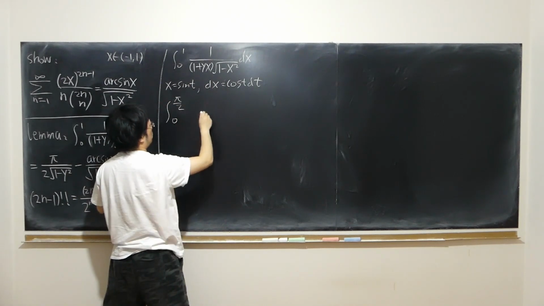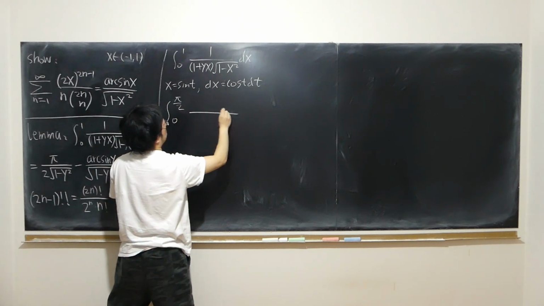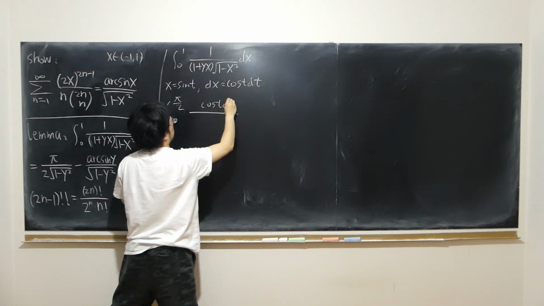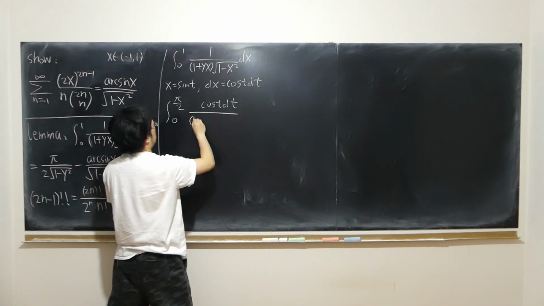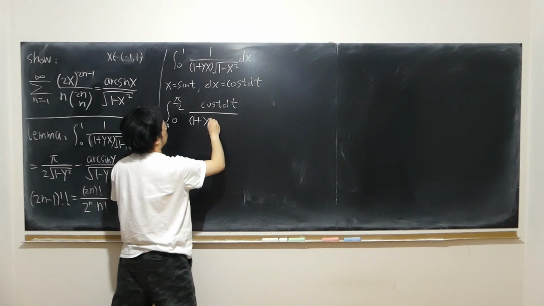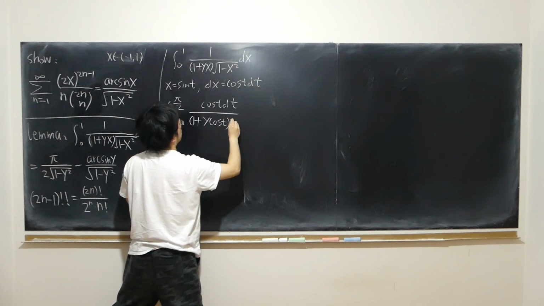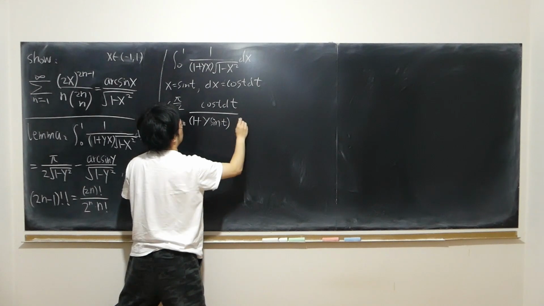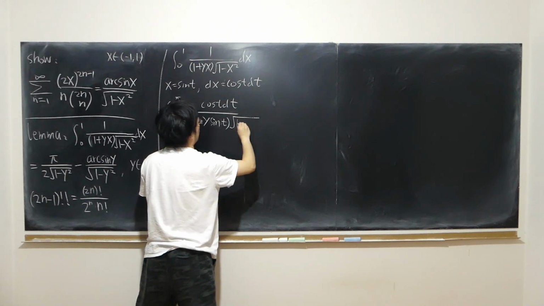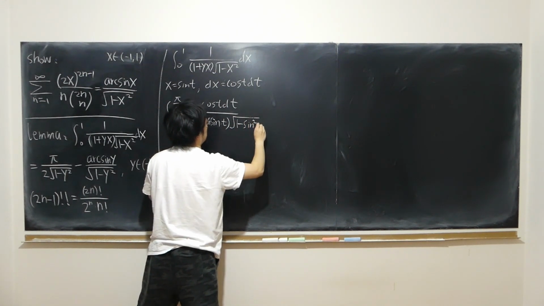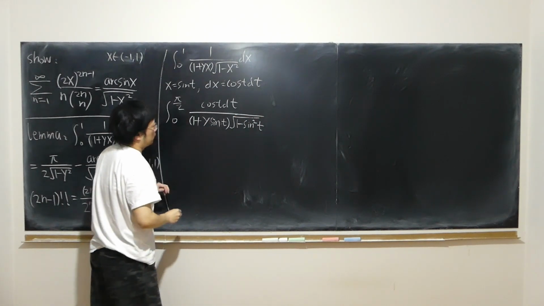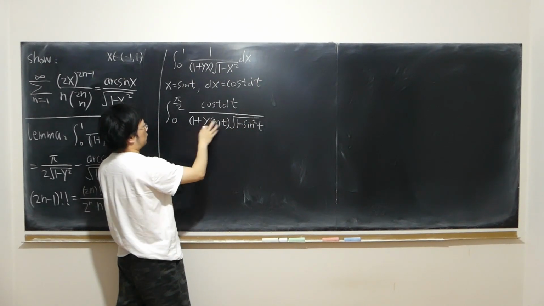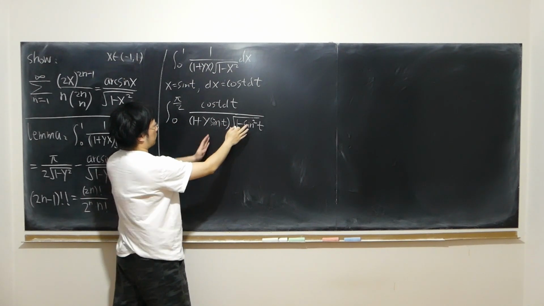And the new integrand becomes: the dx becomes cosine t dt, over 1 plus y times sine t, times the square root of 1 minus sine squared. Definitely this becomes cosine t, positive, because t goes from 0 to half pi, so there's no negative, no absolute value.